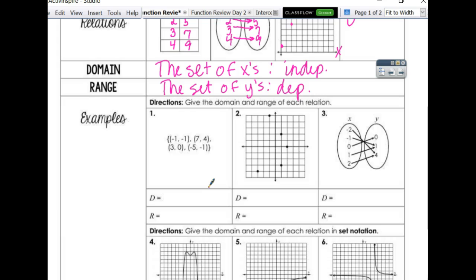I didn't list negative 1.5 and negative 1.5. So I only listed these, and so they're discrete. So if I list the domain, we're going to list smallest to biggest. And if they repeat, we don't use the repeaters, right? Only one time. So here I would do negative 5.